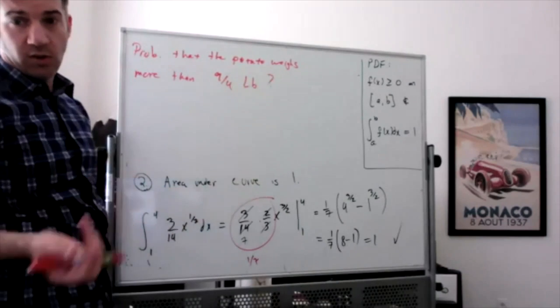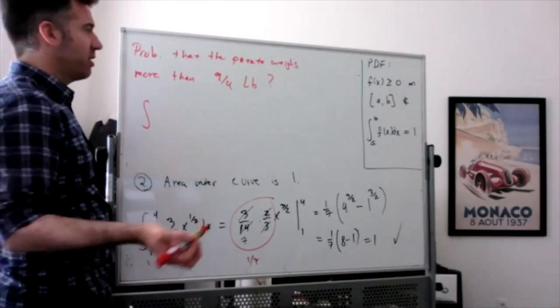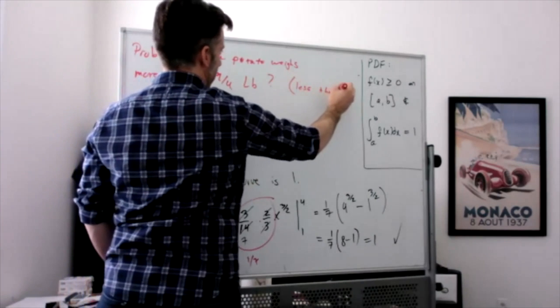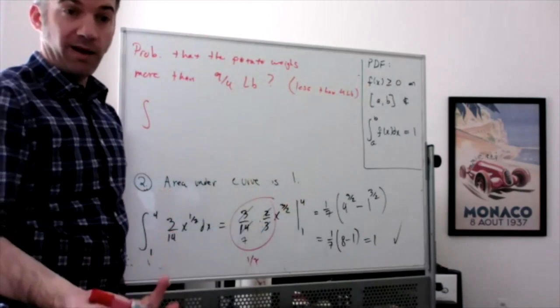Well, we could do the work, or we could do, and so I should say more than 9/4 of a pound, but still less than 4, right? Because we limited ourselves to an interval where the potatoes were weighing between 1 pound and 4 pounds.